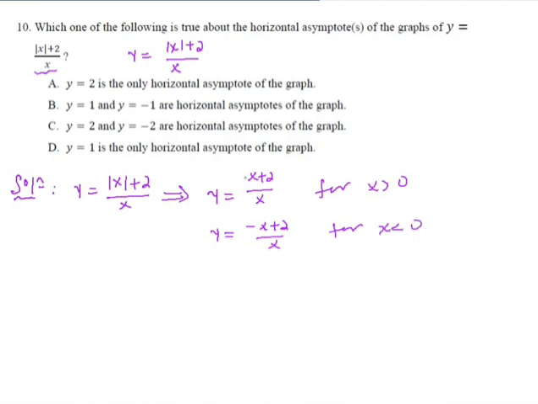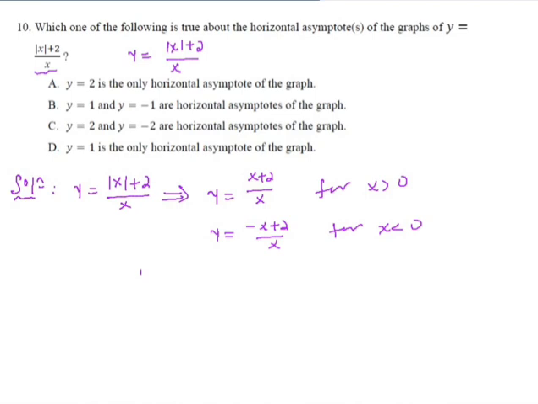So here the horizontal asymptote is the value of the ratio of the leading coefficients. The horizontal asymptote is the value of the ratio of the leading terms in the numerator and in the denominator.